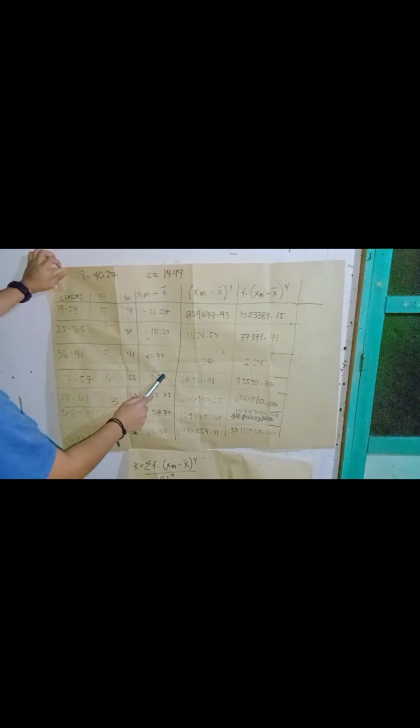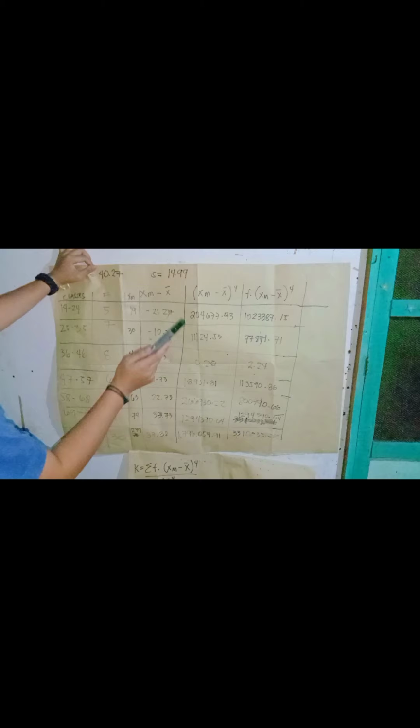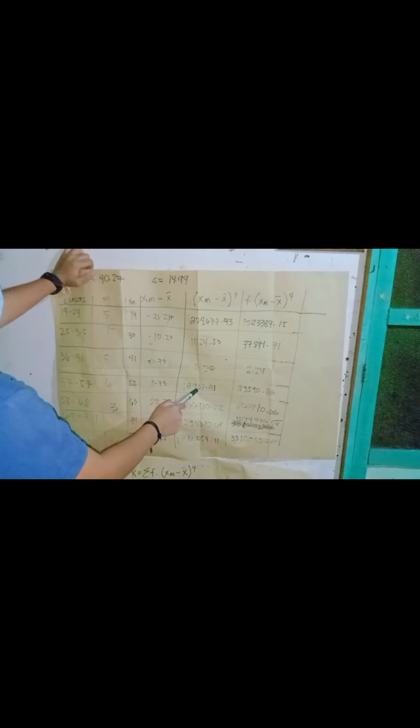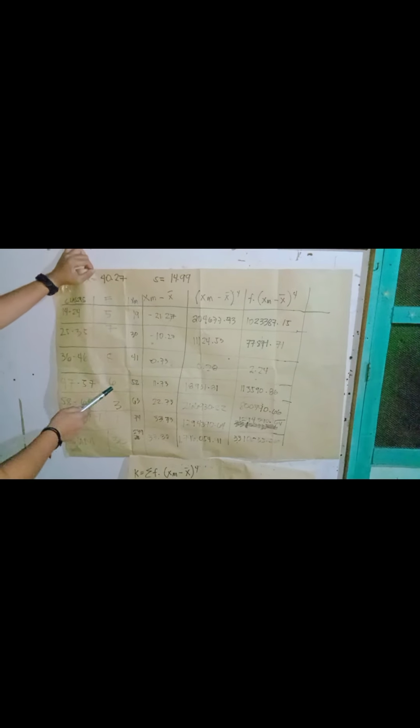The next example is 52 minus 40.27, which gives us 11.73. To the fourth power gives us 18,931.81. Times the frequency, which is 6, gives us 113,590.86.